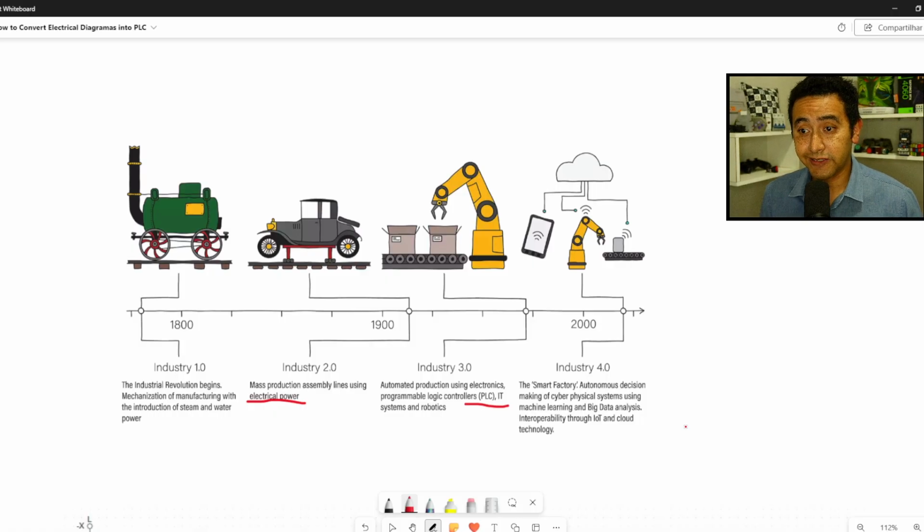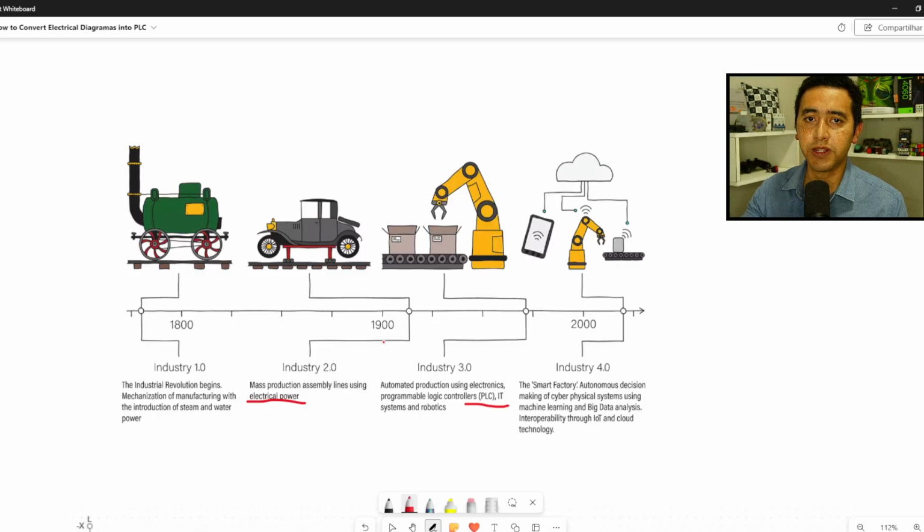That is the location we hear about now in industry 4.0. But we already have a lot of industries that use only control diagrams, like 2.0 industries.